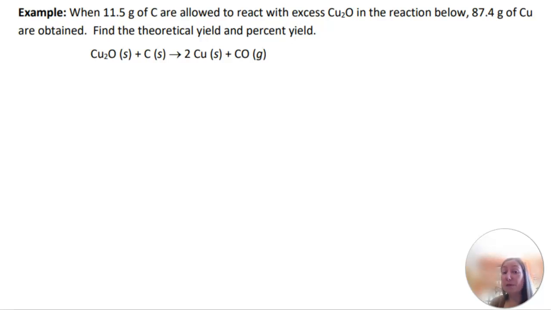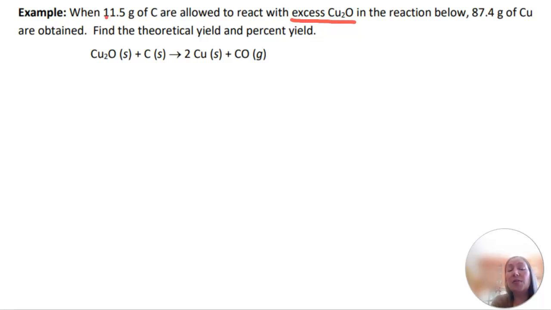Okay, so we're first finding the theoretical yield, just like we've done before with mass-to-mass calculations. And then we can use that answer to do a percent yield calculation. So this is really mass-to-mass stoichiometry plus a percent yield calculation. So let's get to it. It says that we have excess copper 1 oxide.